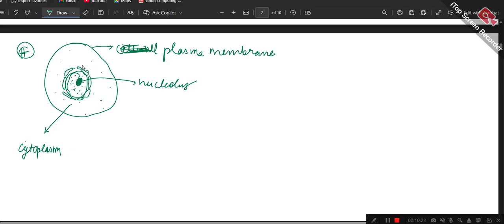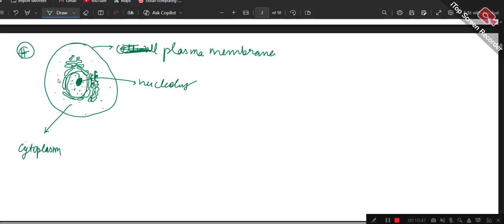And what else? Yes, we have the Golgi apparatus also. We have the endoplasmic reticulum, which is rough endoplasmic reticulum and smooth endoplasmic reticulum lying around it. Rough I'll make with some small ribosomes on it, which are 80S, which we'll discuss.